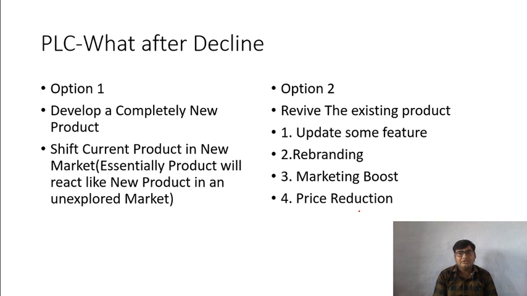What I can do is give the same phone for 10,000 rupees. I have reduced the price. So by reducing the price, this phone now becomes attractive to customers. So this can also be a strategy for reviving your existing product after it goes into the decline phase.